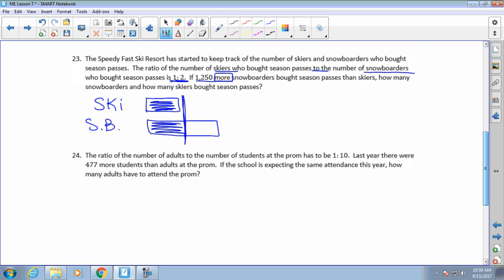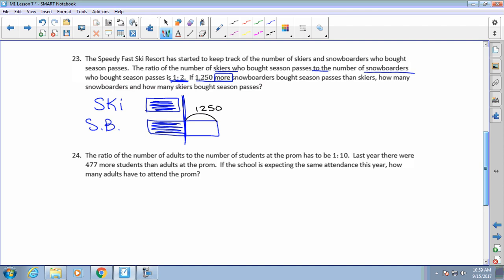So the skiers has a certain amount, the snowboarders has that same amount plus some more. Now, a lot of people were initially putting that like this and saying 1,250. You would put it there if it said that there were a total of 1,250 total snowboarders and skiers all together. But because of the wording of this, when it uses the word more, it would just go right where I drew that little arch, and you would label it there.